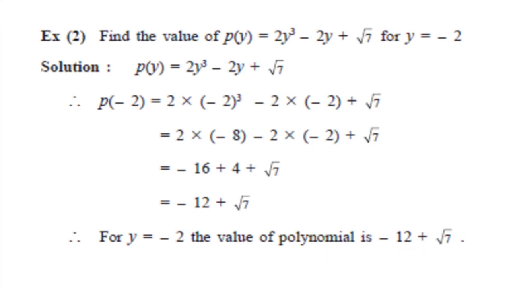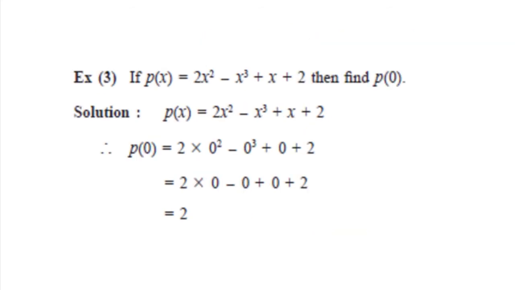Next example. If p(x) is equal to 2x square minus x cube plus x plus 2, then find p(0), means the value at x is 0. Solution: the given polynomial is p(x) is equal to 2x square minus x cube plus x plus 2.